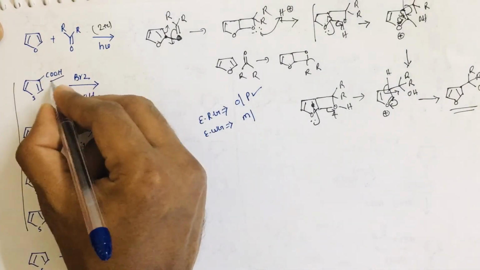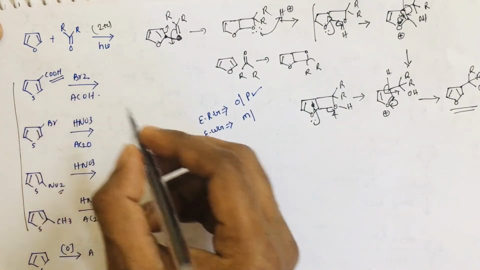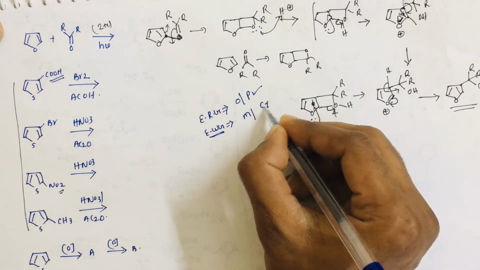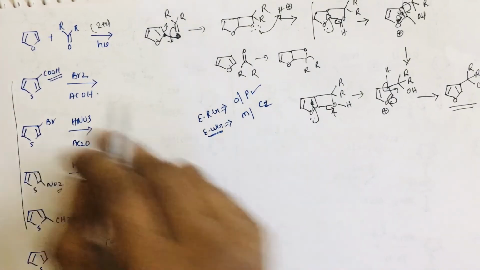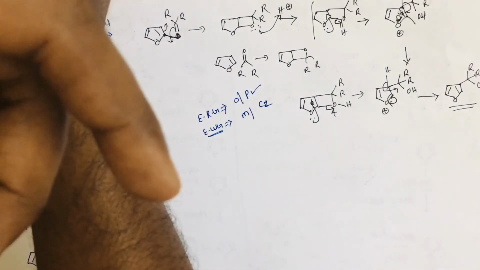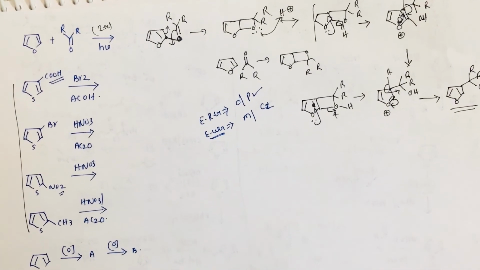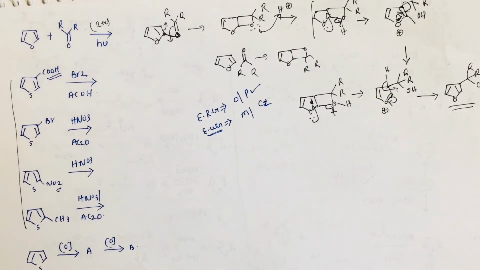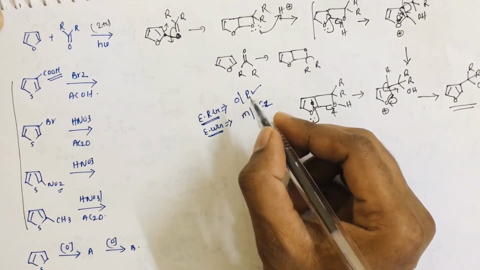Here we have a carboxylic acid, and when an electron withdrawing group is present at the C2 position, when we have an electron releasing group, ortho and para product will be major.